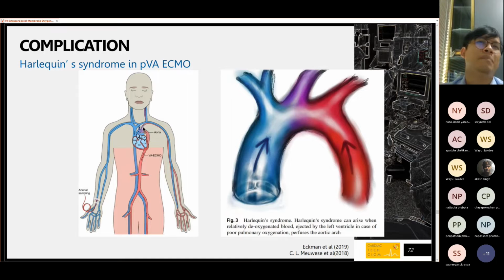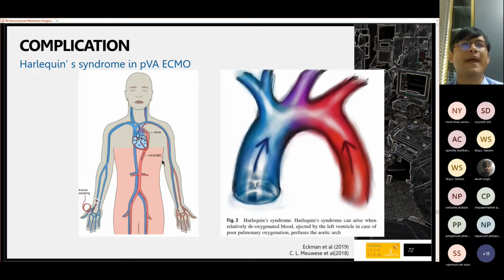The deoxygenated blood goes anywhere, like to the arms and the head. We call this condition Harlequin syndrome, having blue and red color in the same body.